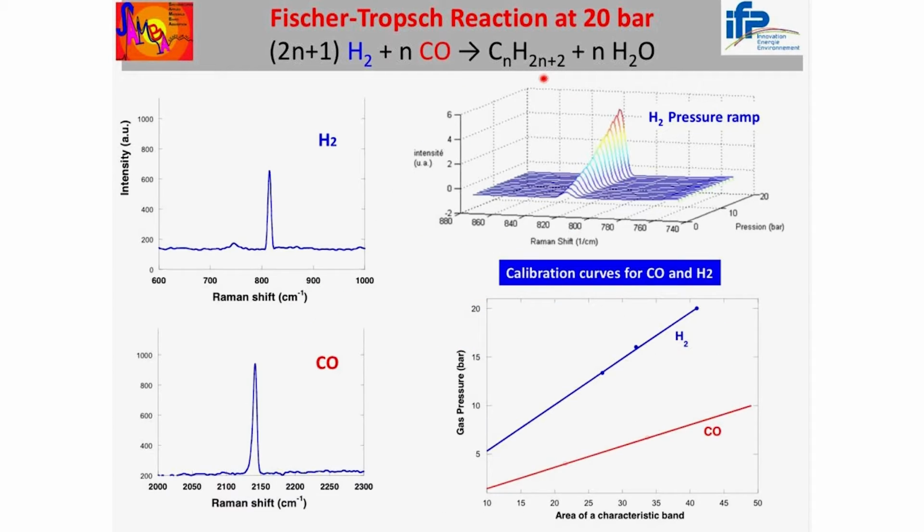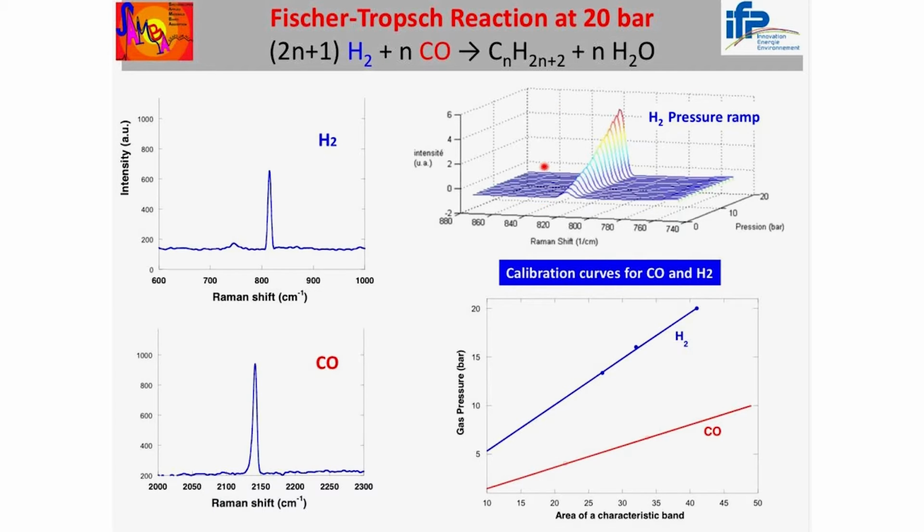The first step that we had to do in order to quantitatively monitor the catalytic activity for this reaction was to record calibration curves for both gases. It's very easy to do that by increasing the pressure of gases inside the cell.